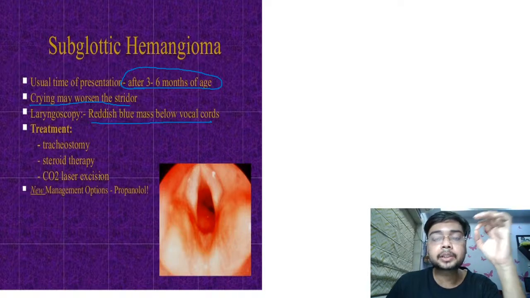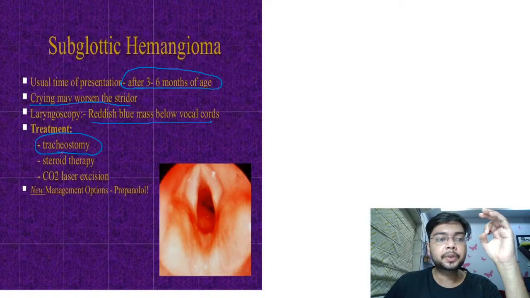And if this is causing the child stridor, then you need to do a tracheostomy and some treatments for this hemangioma removal.